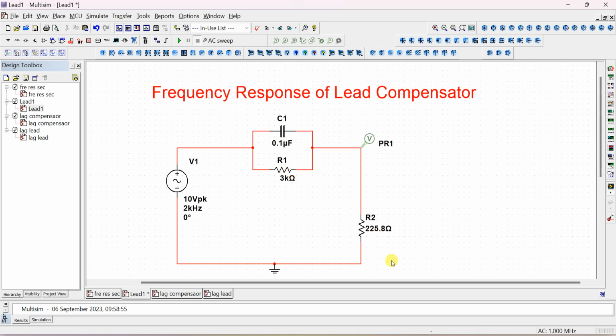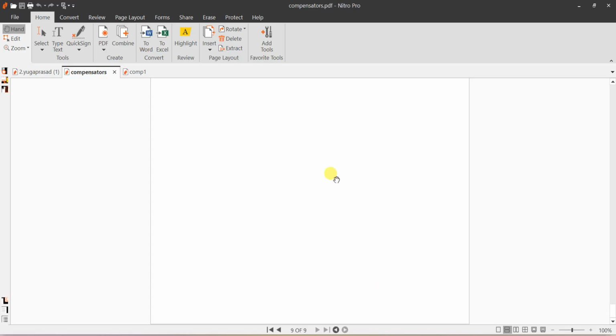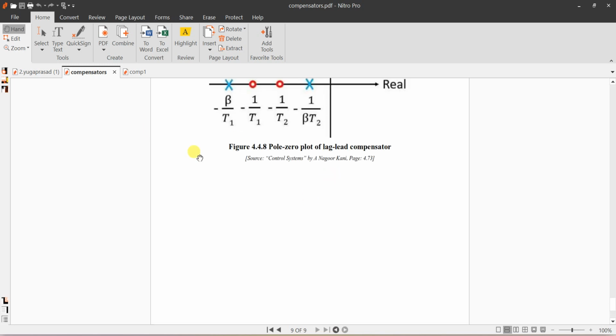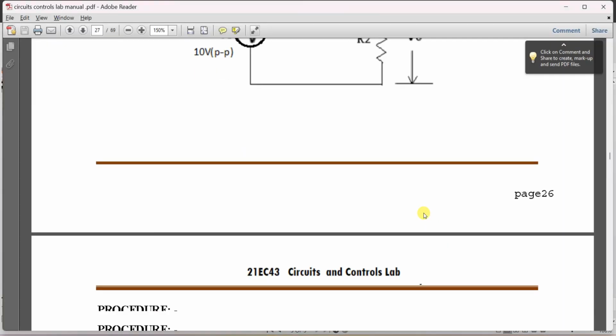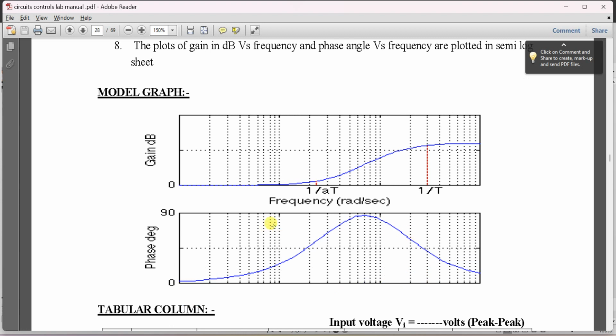The model graph is like this. See here, you're going to get like this, and the phase angle is like this.